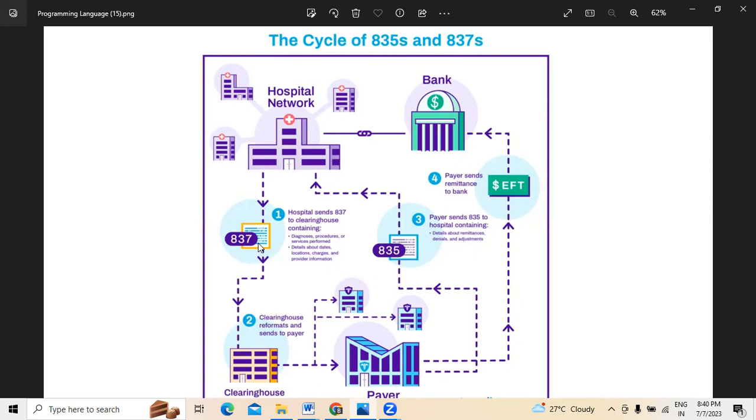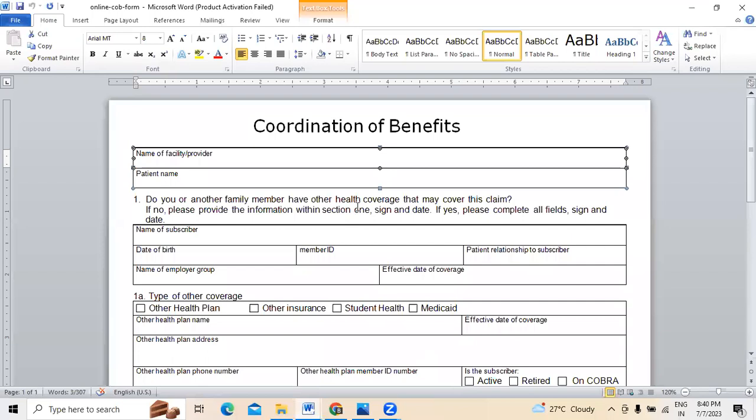So every time the patient goes for treatment, we are going to have the COB as well as the claim form. When a submission has taken place, subject to condition, the coordination of benefit form has to be updated by us, by the team.